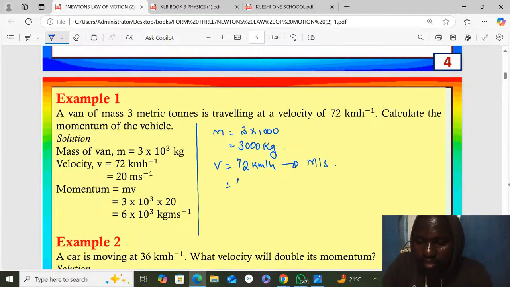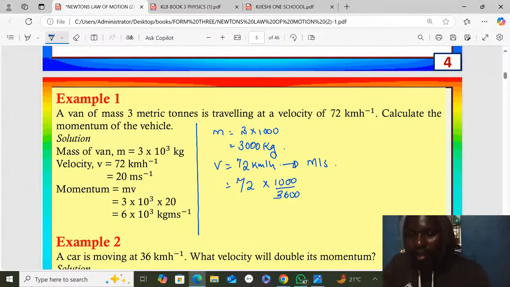It is converted by multiplying 72 by 1,000 divided by 3,600. Many times, students will say times 5 over 8, I don't know, 5 over 18. But it is wrong, because there is a time that you will be in a hurry, get confused and miss the question.